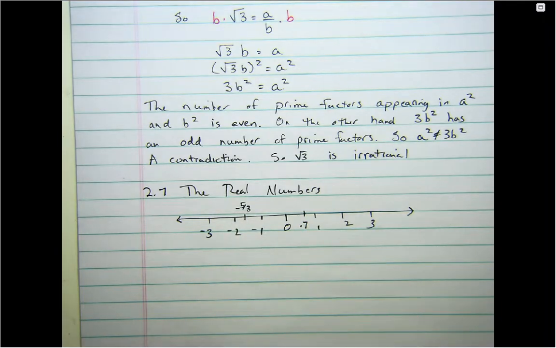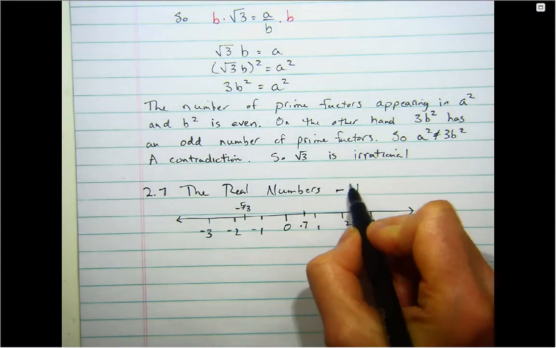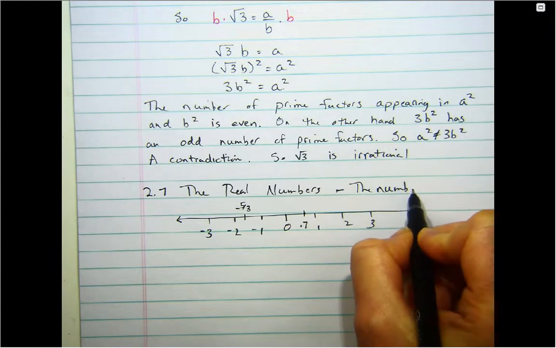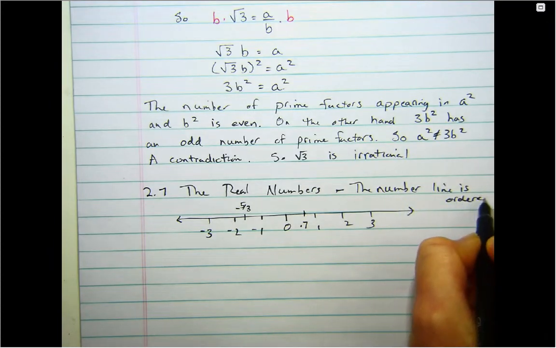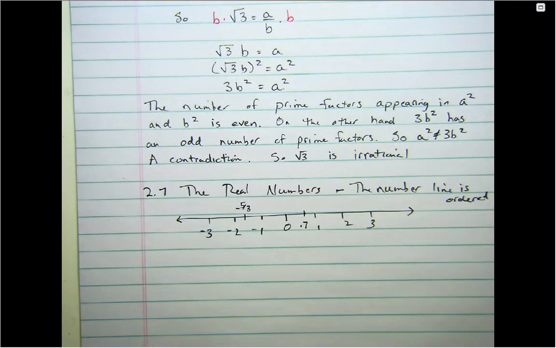And we can find the place for them on the number line. The number line is ordered. So we can find a place for all of these numbers on the number line. We just have to squeeze them in, or maybe make the number line wider so you can see the area that you're interested in.